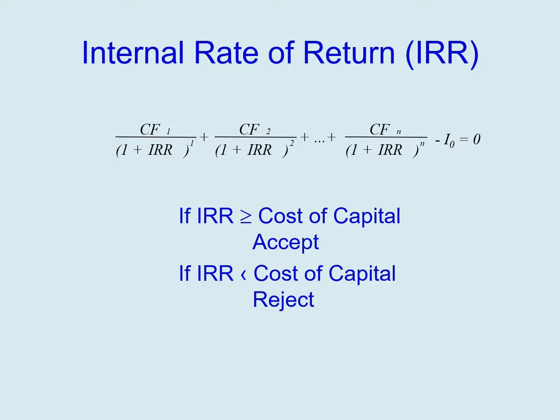It's the yield to maturity of a project. It tells you what rate of return you would earn on the project. So if the internal rate of return, your yield on the project, is greater than what it's going to cost you to finance the project, then the project would be acceptable. If the internal rate of return is less than what it would cost you to finance the project, then you would reject it.